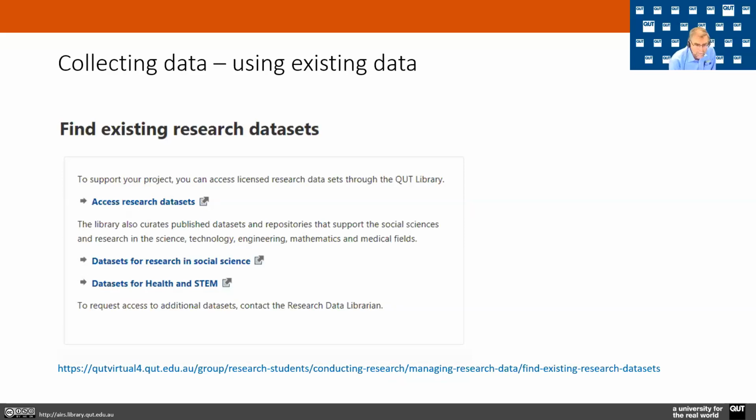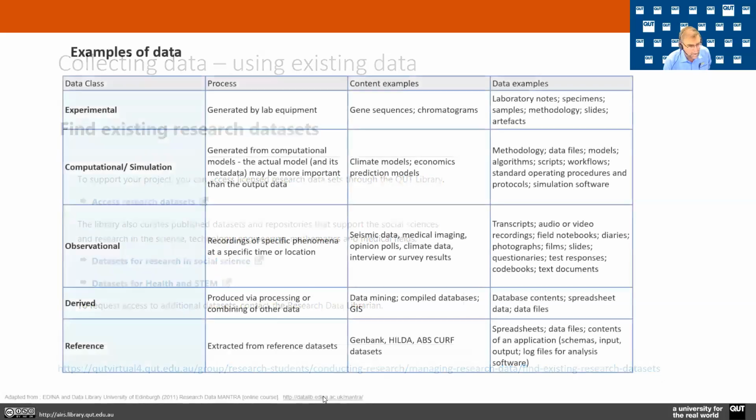We do have links now from here, specialized guides for finding research data sets in social science, research data sets in health and STEM. And we actually have a research data librarian specialist employed here, but there it is displayed.